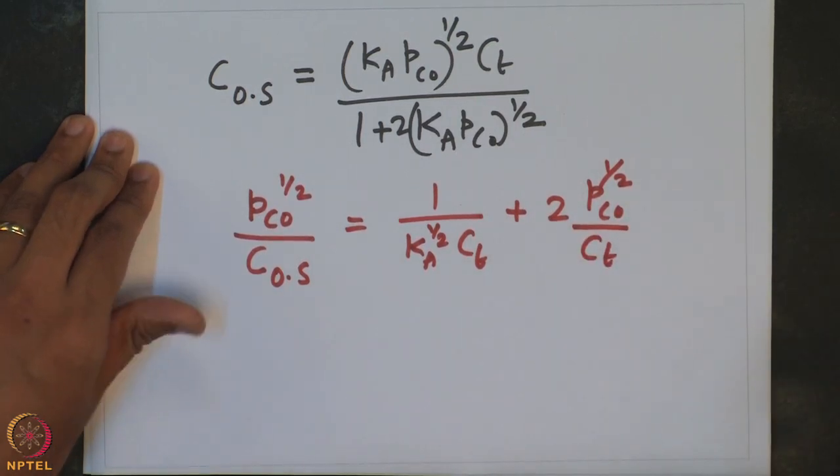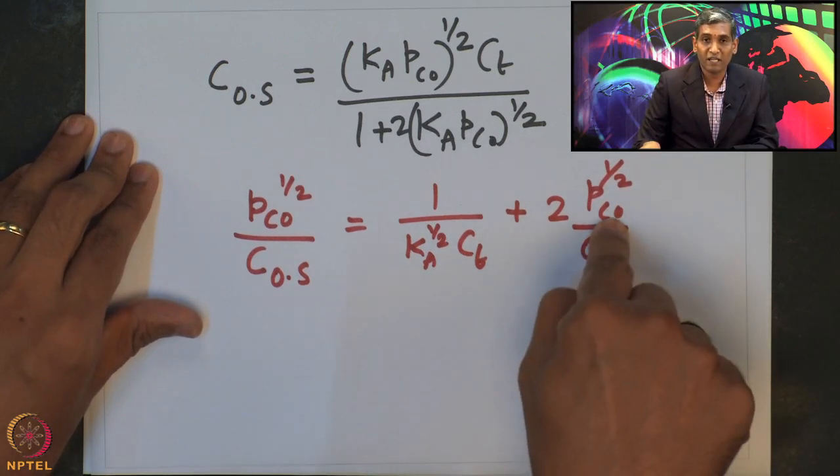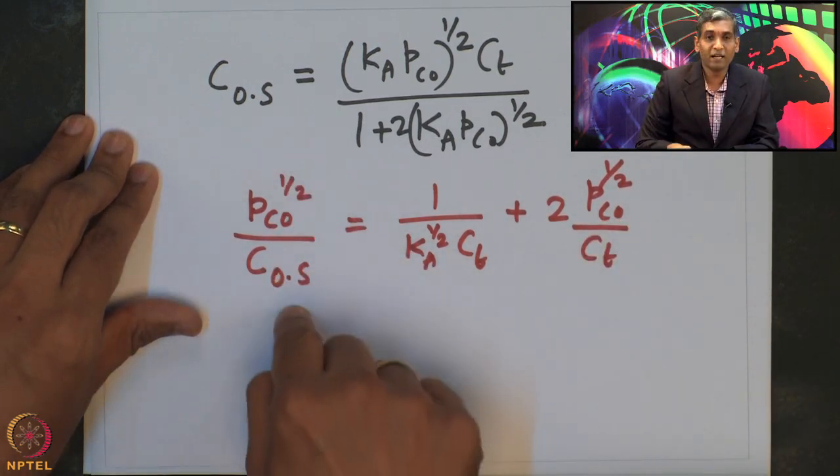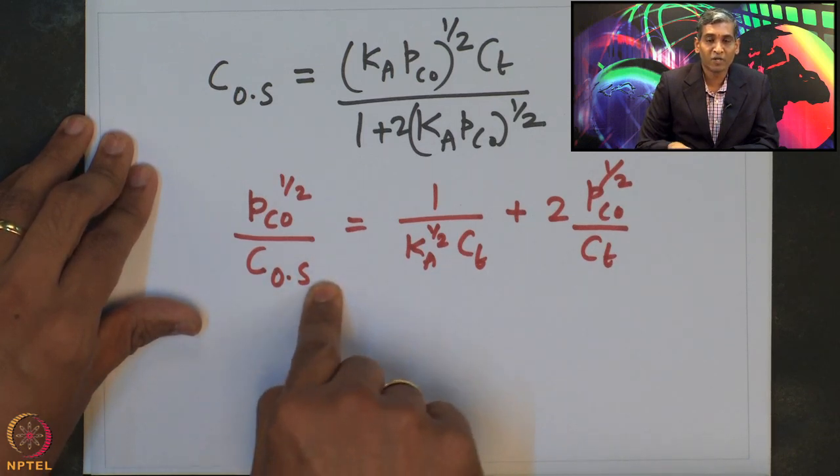So, I get this linear relationship expression between the partial pressure of CO and the concentration of the oxygen molecule which is attached to the sites.